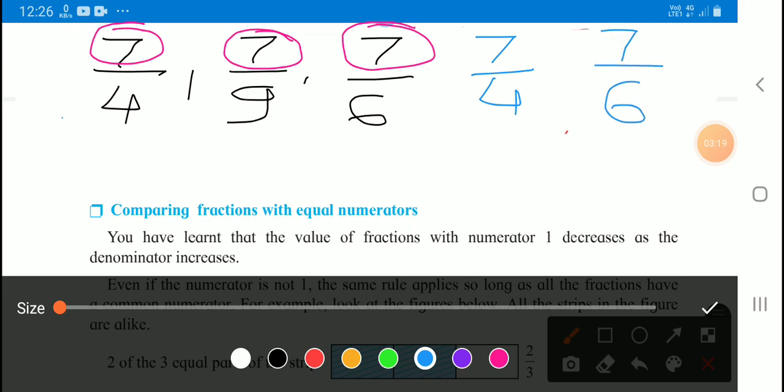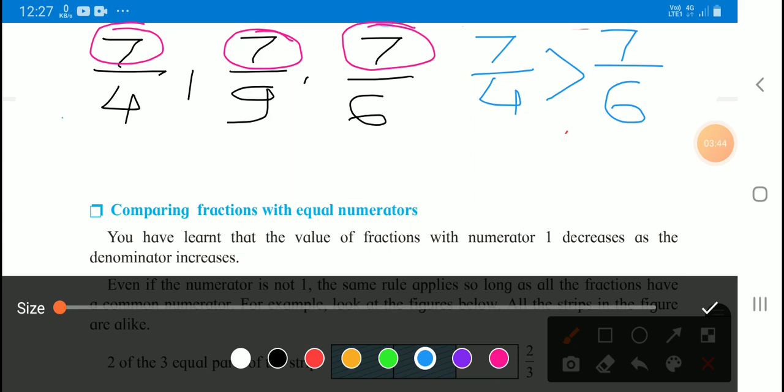Here which denominator is smaller, 4 or 6? So 4 is smaller, so it is greater here. Look, while comparing with equal numerators, the greater denominator is the smaller fraction and the smaller denominator is the greater fraction.